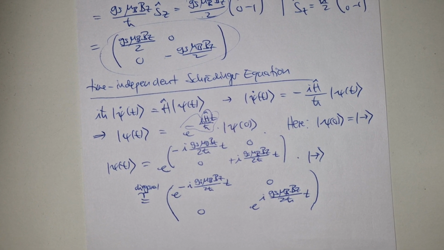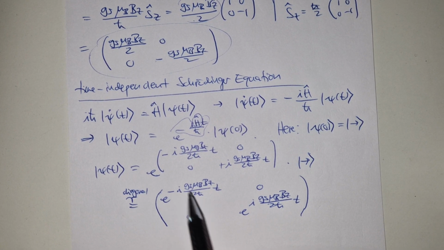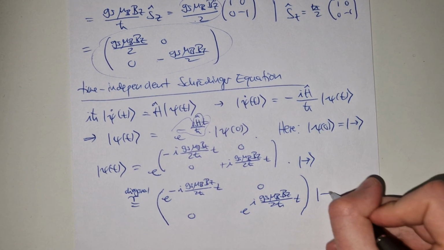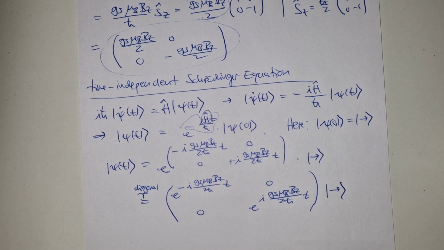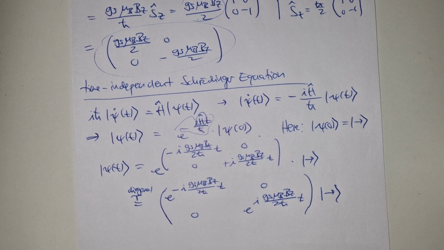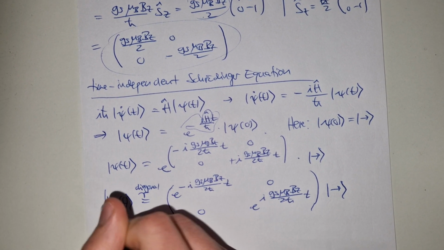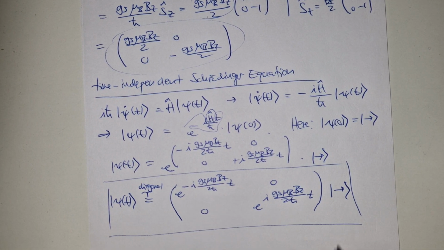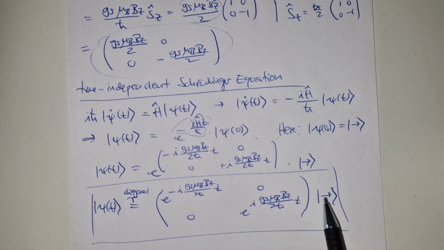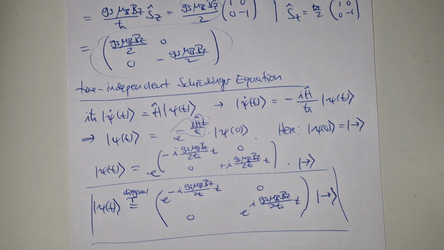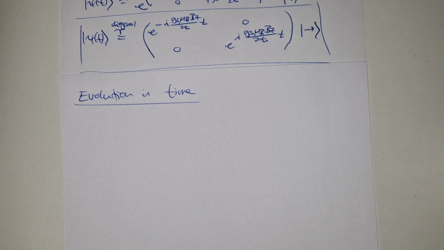So I've now pulled the e into the matrix, times spin right. So this is now describing the evolution of the quantum state we were looking at. So this is describing the evolution of the spin right state in a magnetic Z field. So let's find out if this really describes the precession we'd like it to describe.